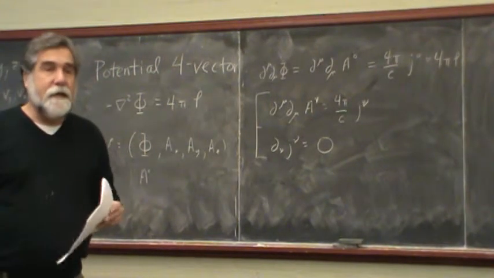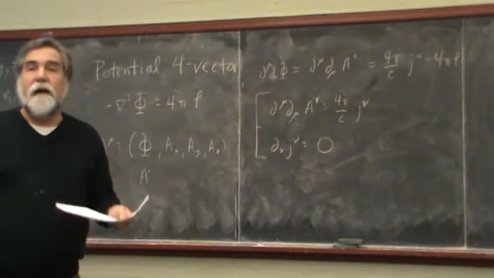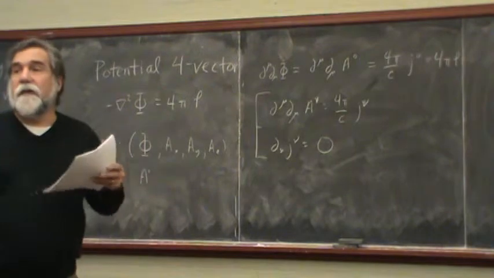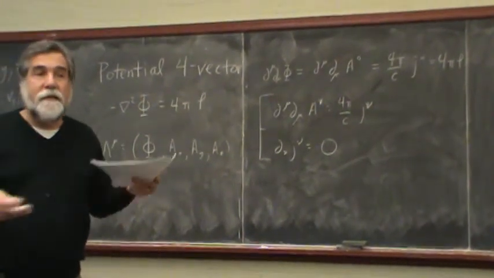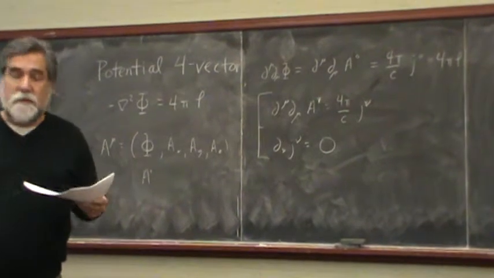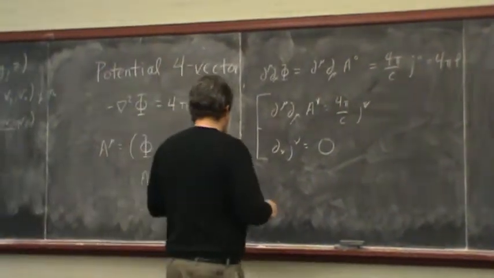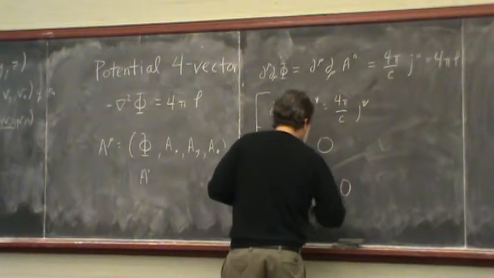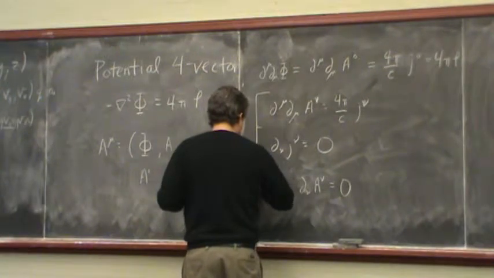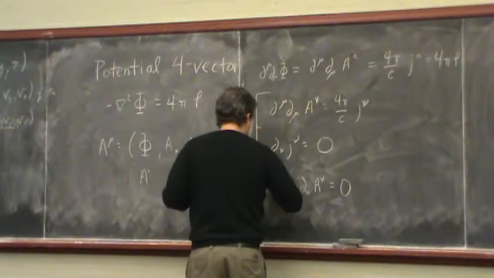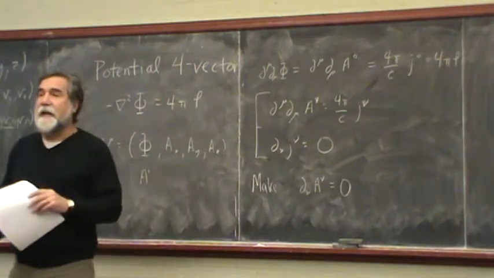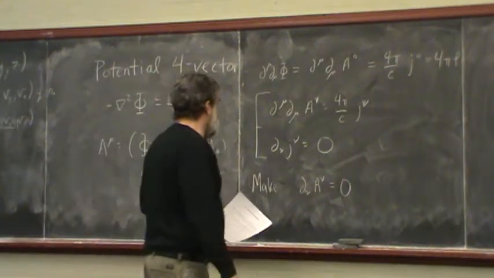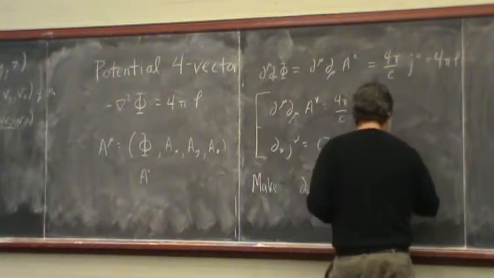There are actually a variety of ways to do this. So we're going to impose some additional constraints in order to make the A's obey both of those relationships. One that works is this: we make P nu A nu equal to 0, and we construct an A that obeys that. This condition is actually called the Lorentz condition.